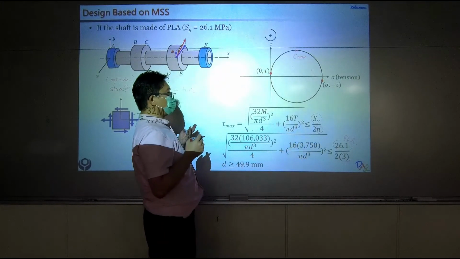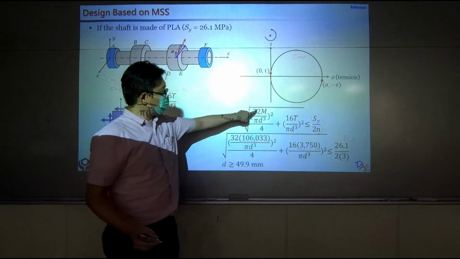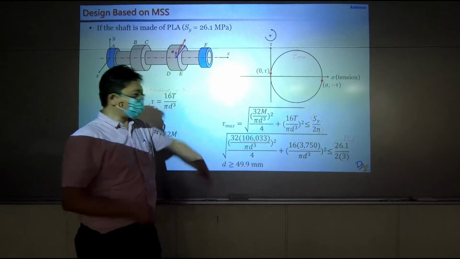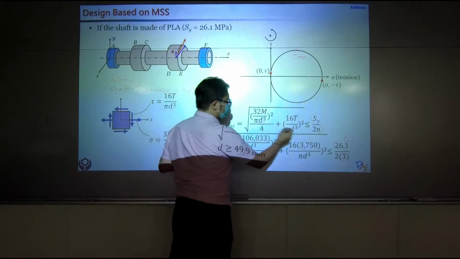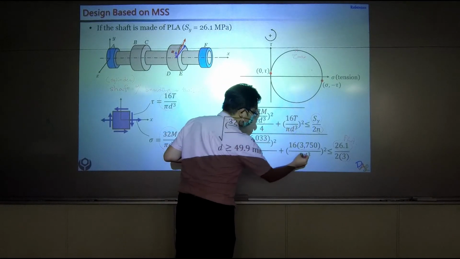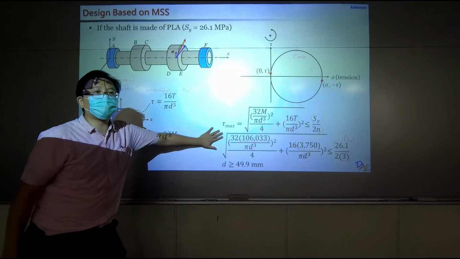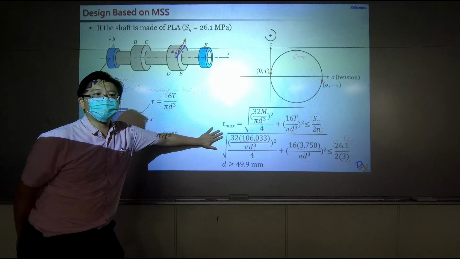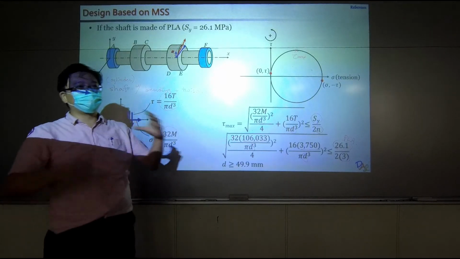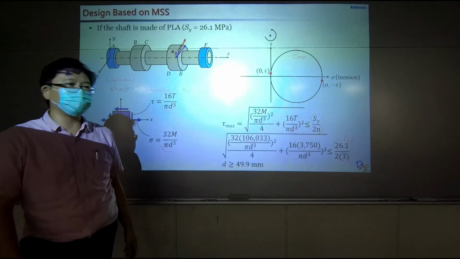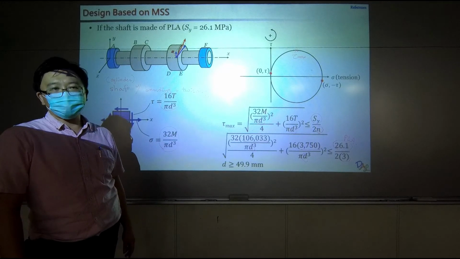Then, under the same loading condition, those are the moment and torque that we had earlier. What's left would be the diameter of the shaft. So at the end, in this equation, we end up with the unknown parameter d. And this is something we can use to determine how thick this shaft should be, so that we can reach a safety level of 3.